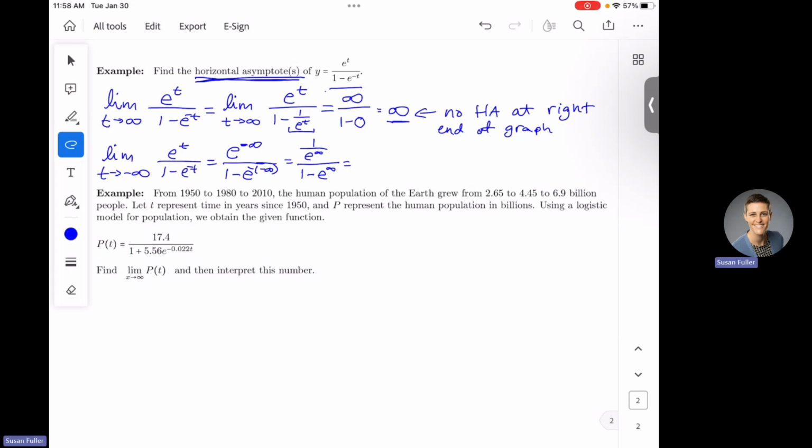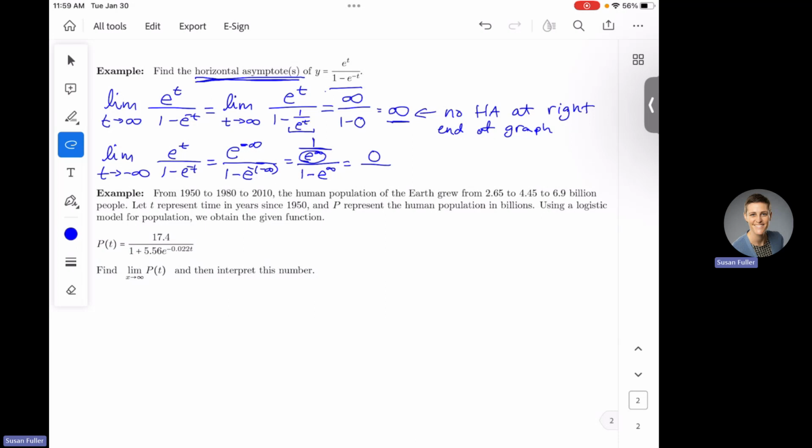Okay, so what's happening here? I have 1 over e to the infinity. So as t gets bigger and bigger and bigger, e to the infinity, right? E to larger and larger numbers. This whole denominator becomes bigger and bigger, and 1 divided by bigger and bigger numbers is headed toward 0.